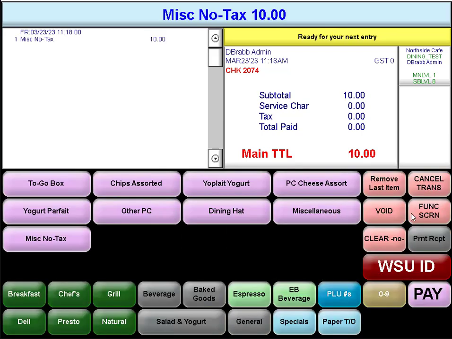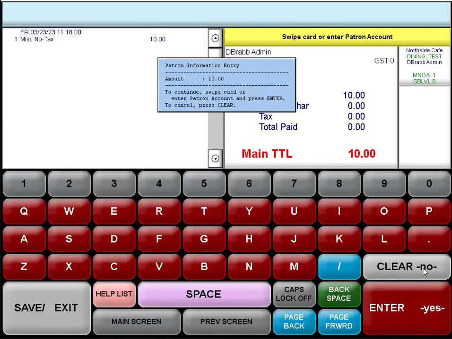Okay, and they present their Cougar card for payment using their meal plan. And this will be the number that will come through. If the card were swiped, I have to punch it in on my demonstration machine.